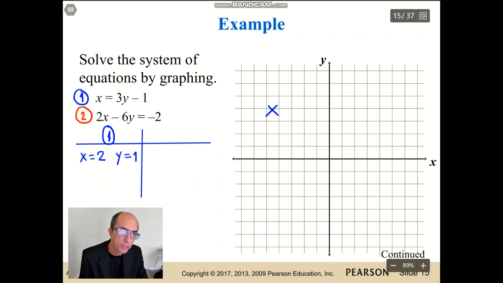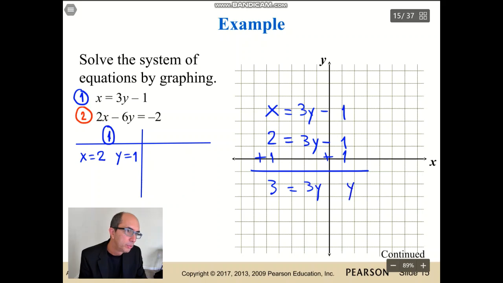This is going to be my scratch paper. X equals 3y minus 1. If I plug in x equals 2, 2 equals 3y minus 1. Add 1 on both sides of the equation, right? 3 equals 3y. Divide both sides by 3, I mean. Then I'm going to have y equals 1.